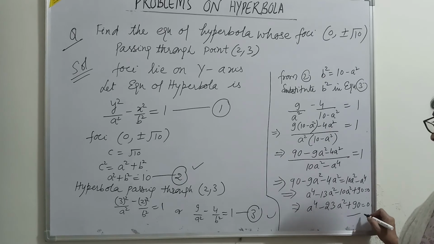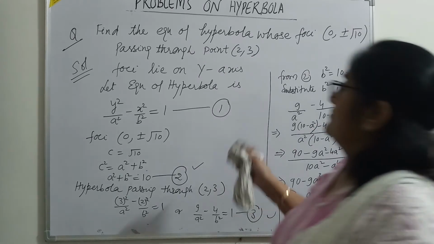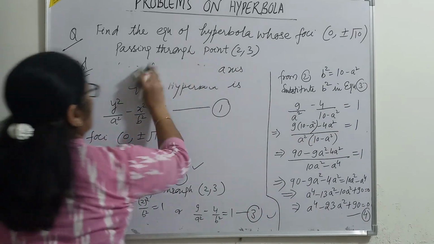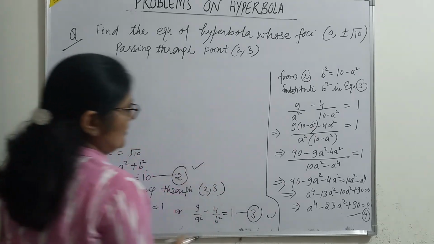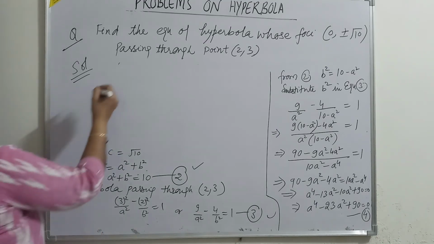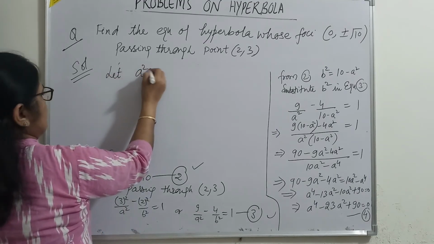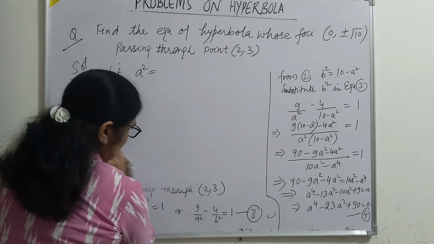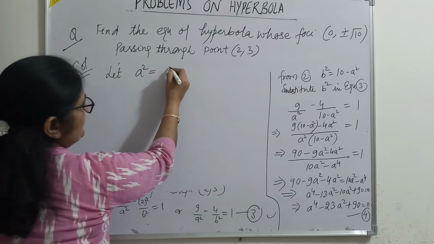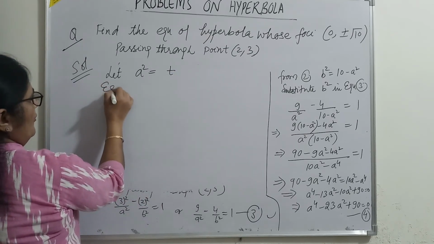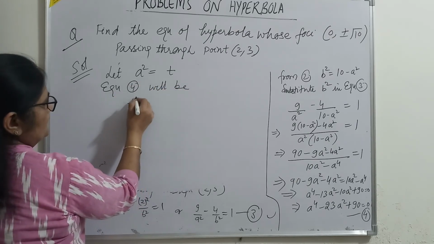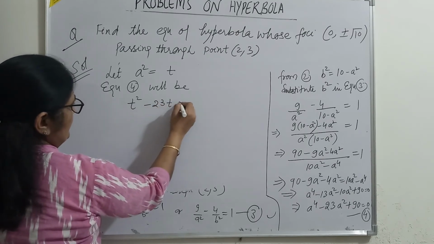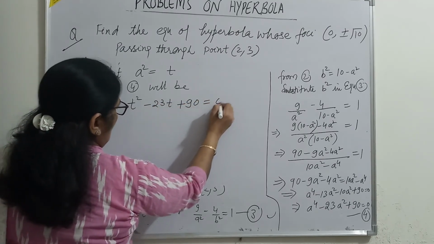Now it is again a problem. Now this equation is of 4th degree. So how can we solve it? In class 10 you have solved quadratic equations. Let a² be another variable, suppose t. So equation 4 will be t² − 23t + 90 = 0.